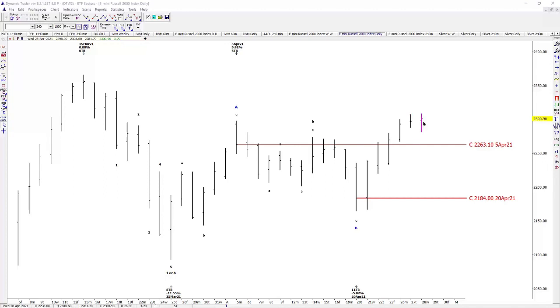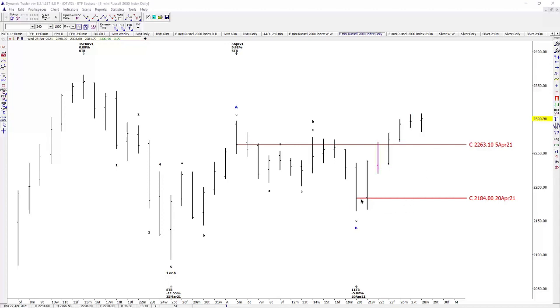So the earlier we can get a firm reversal signal, the better. And of course, if the market comes down, the Russell comes down and closes below the closing high of the wave A, then that's our initial signal that a wave C could be complete. It's not a firm signal it's complete, but it's that closing overlap that more than likely it's complete.